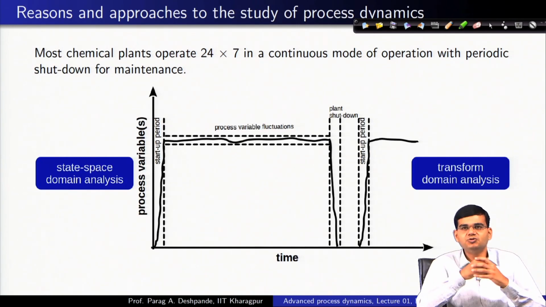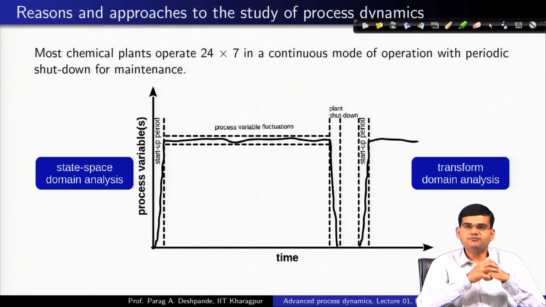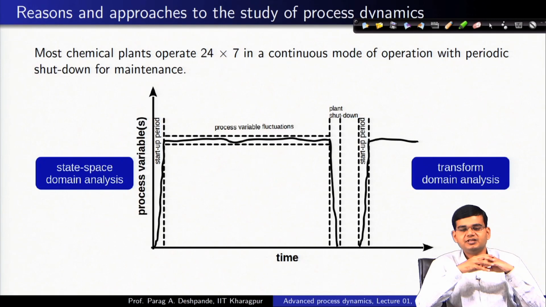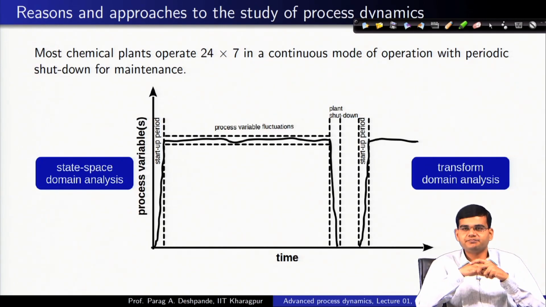Will my system parameters be able to afford that condition of temperature, pressure and so on? So, you are not merely focusing on the dynamics between two steady states, but you are trying to understand the dynamics in every possible parameter space domain. In such a case, you use the state space domain analysis.